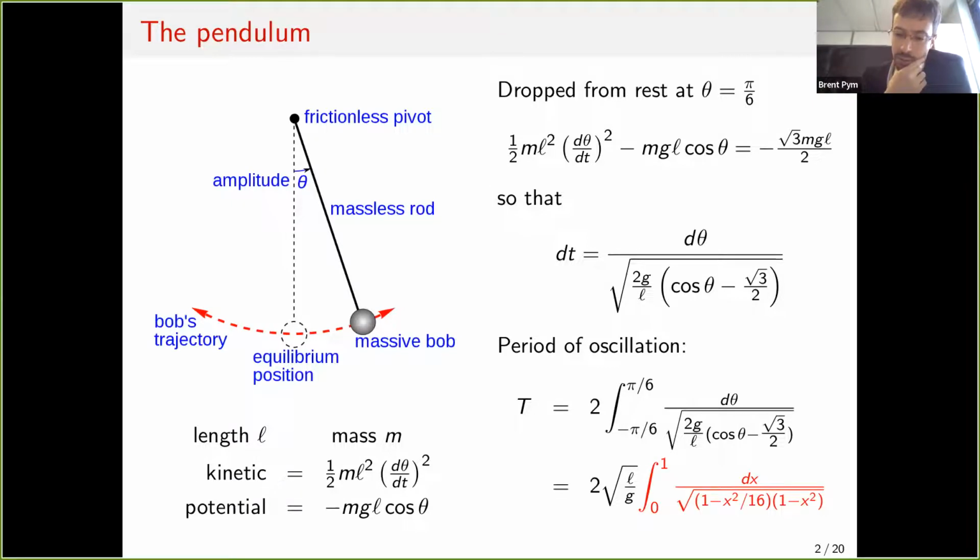If we make a trig substitution, this thing boils down to this expression in red times this constant out in front. So you see all the dependence on the parameters of the pendulum is coming from the length, and that's it. The mass has dropped out. What's left over is this red expression, which is some real number, given by a definite integral. So all you have to do is evaluate this integral, find out what this number is, and you figure out the period of oscillation.